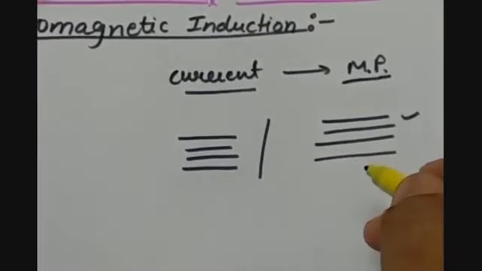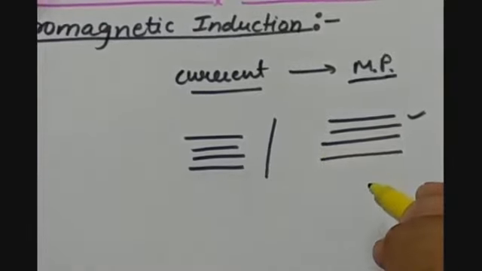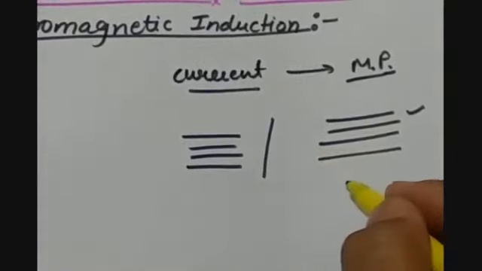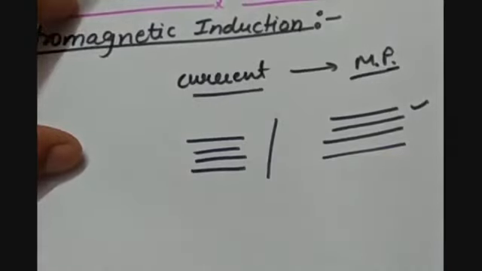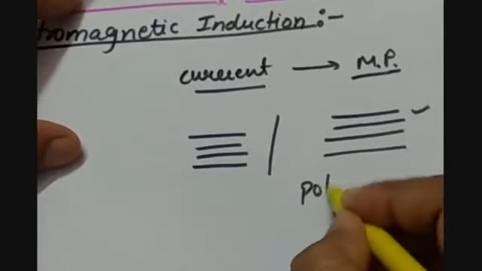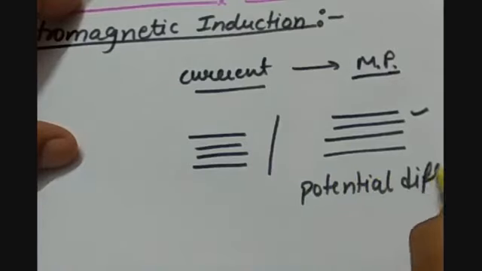It is because when the number of magnetic field lines passing through a conductor changes rapidly, then it develops a potential difference across the ends of the conductor.